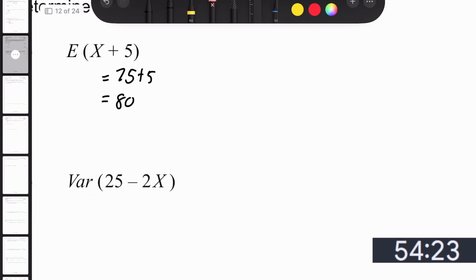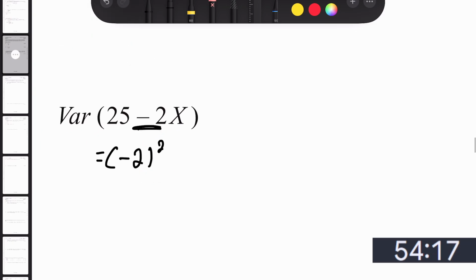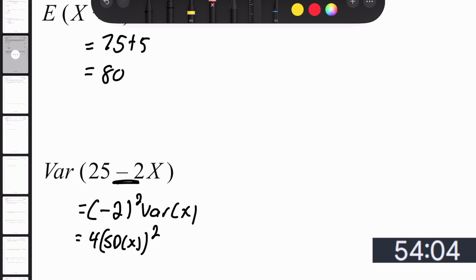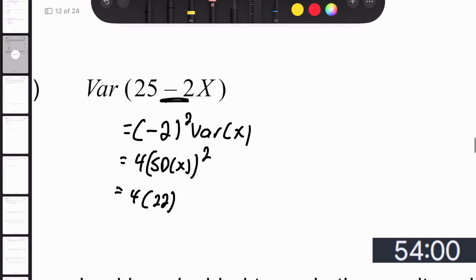The variance of 25 minus 2x. That's just going to be the coefficient in front of x squared times the variance of x. So this is going to be 4 times the standard deviation of x squared, so 4 times 22 squared.